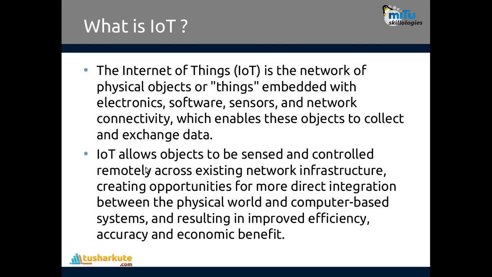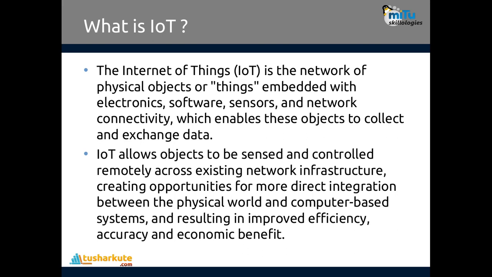So IoT objects allow to be sensed and controlled remotely across the existing network infrastructure, creating opportunities for direct integration between the physical world and computer-based systems, and resulting in improved efficiency, accuracy, as well as economic benefits.